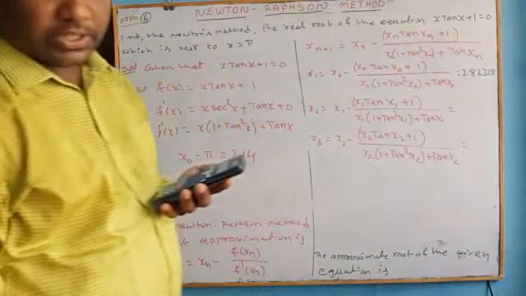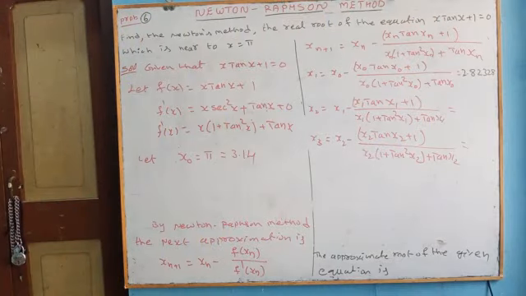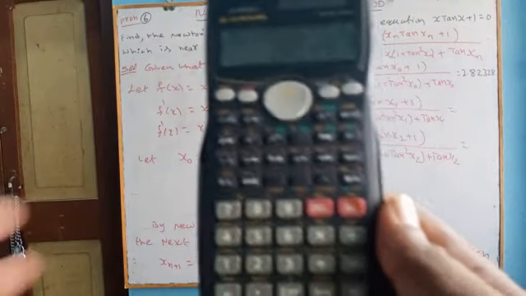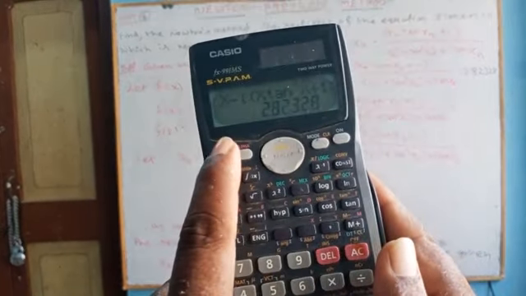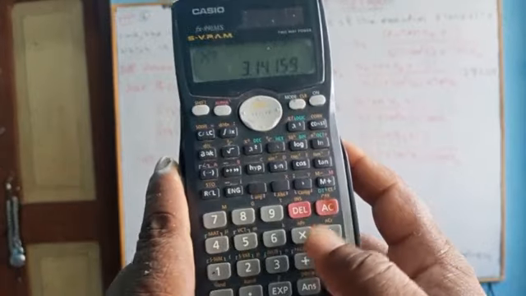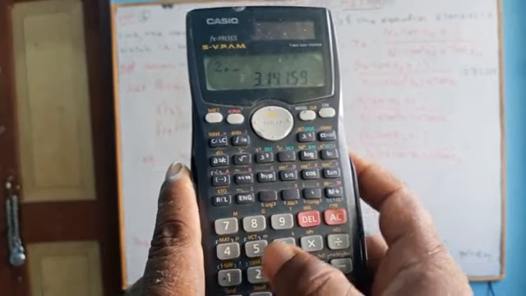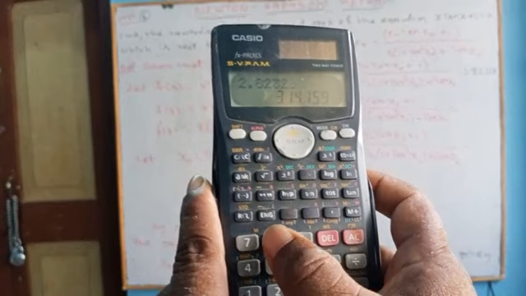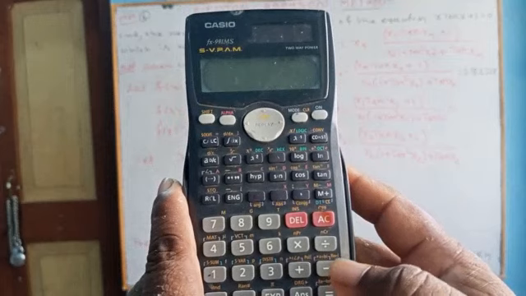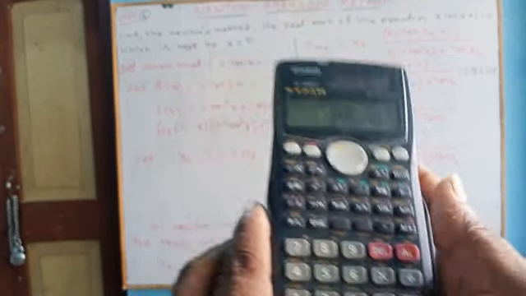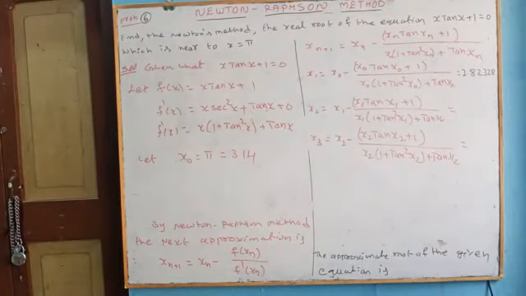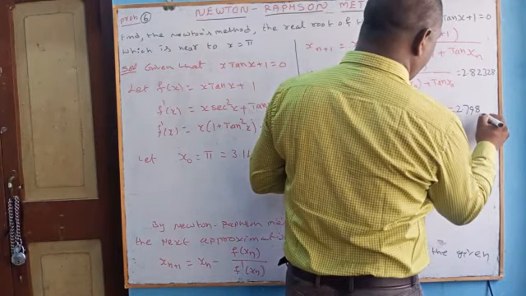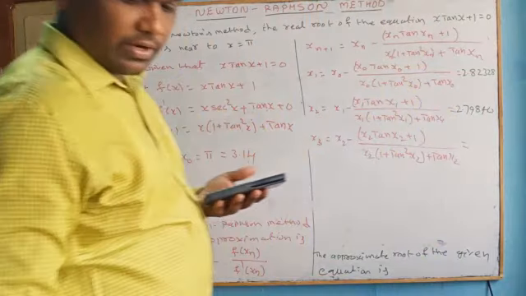The next approximation, put x in this calculation. Okay, clear? CLC, 2.82328. That is 2.79840. This is 2.79840.